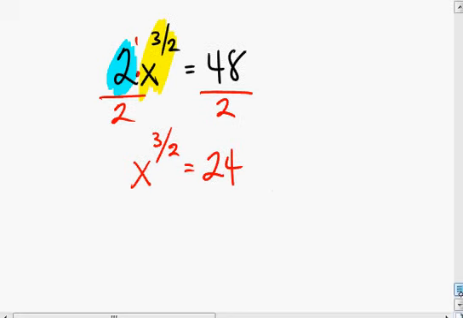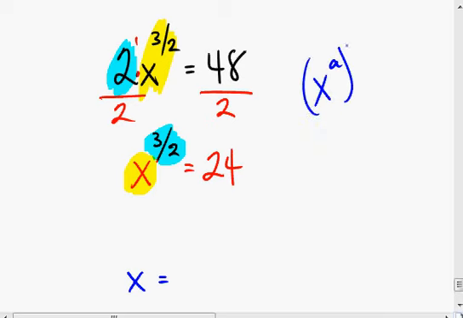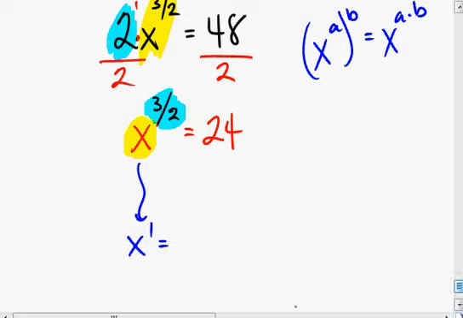Okay, now the next thing we got to do is get this x by itself, so somehow we got to get rid of the 3/2, because our goal is to eventually get to this. Now, you can use the power property of laws of exponents. It says this: x to the a to the b power equals x to the a times b. We want this to say x to the 1st power. So think about it as, what do I have to multiply 3/2 by? That's like the a.